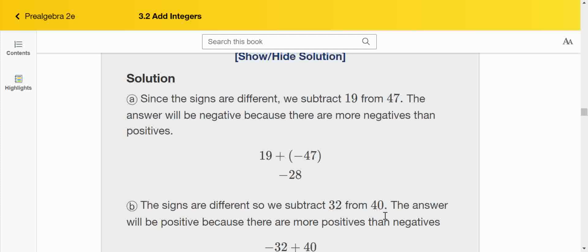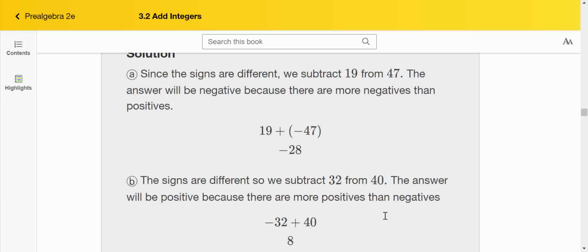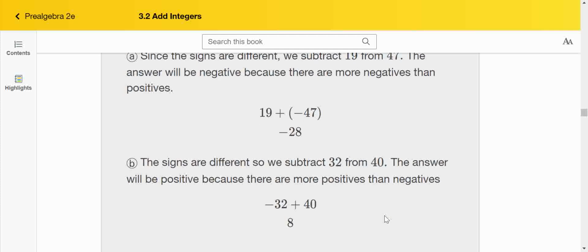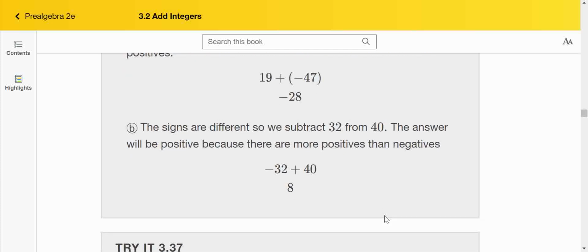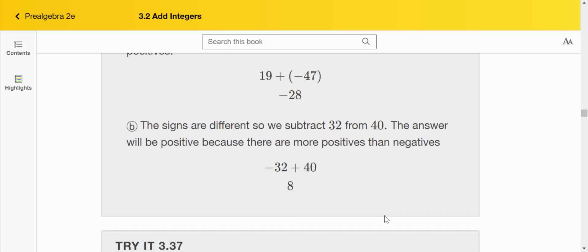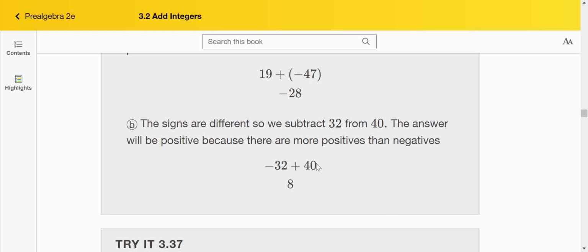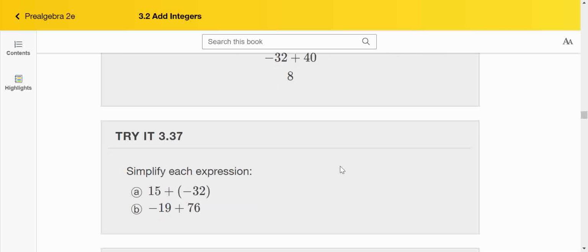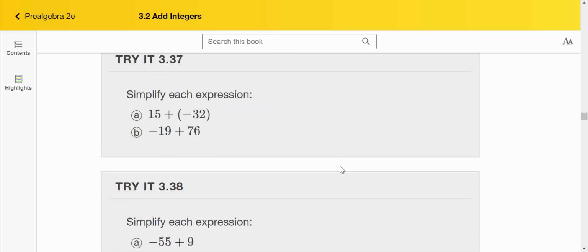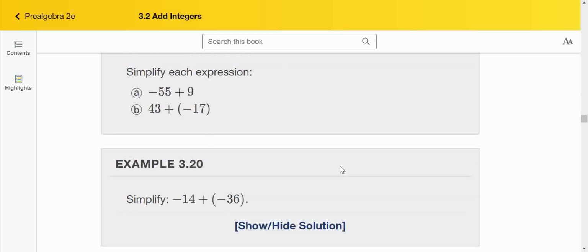B, the signs are different, so we subtract 32 from 40. The answer will be positive because there are more positives than negatives. So here you have it written out as an expression. Got a couple try it out problems.